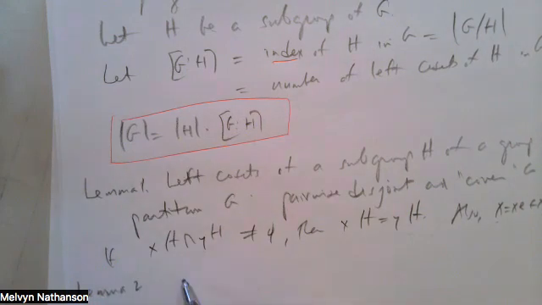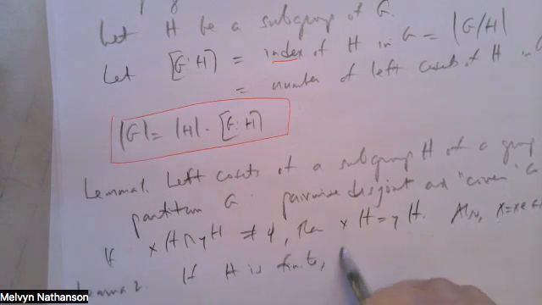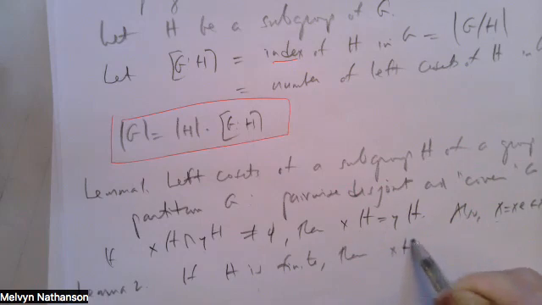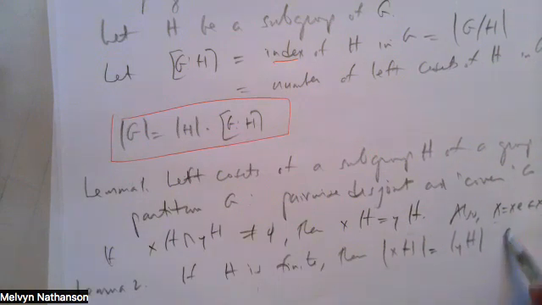The second lemma says that if H is a finite subgroup, then the number of elements in xH equals the number of elements in yH for all x and y in the group.